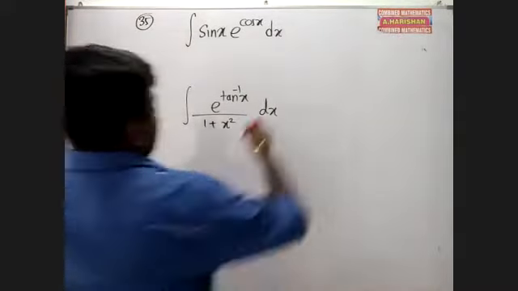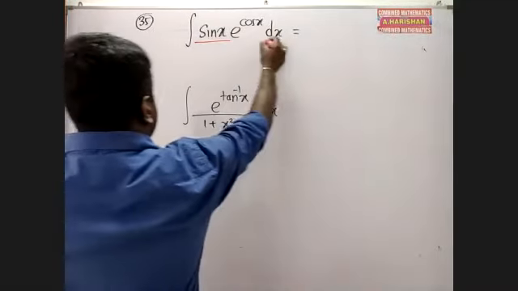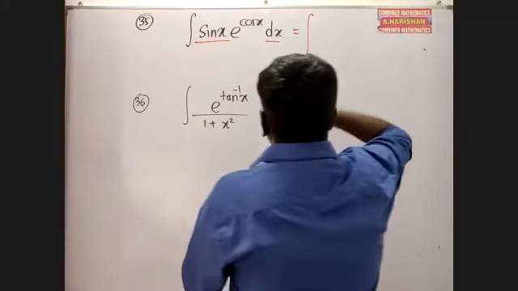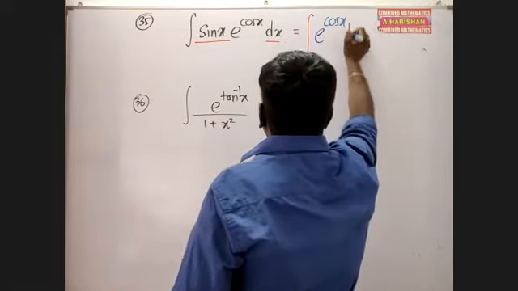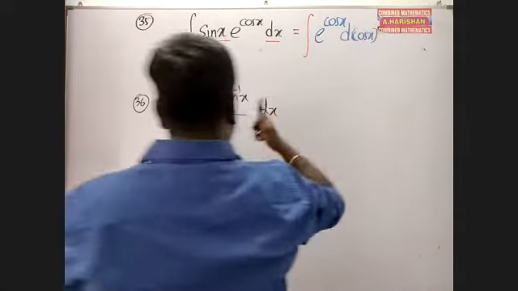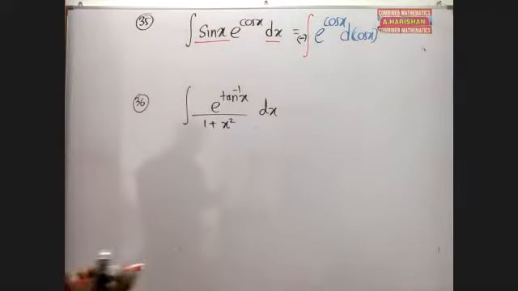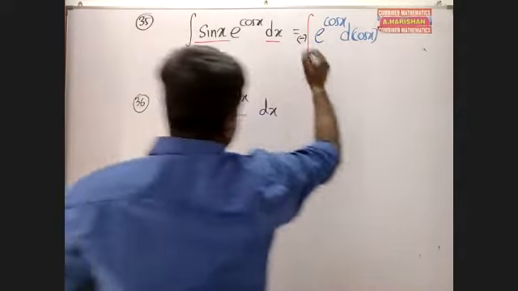So we talk about this one. You know that this sin x dx, you can write as e to the power cos x d cos x. But d cos x will create the minus, so I put the minus in front of that. d cos x will be minus sin x into dx, but I am having sin x dx.